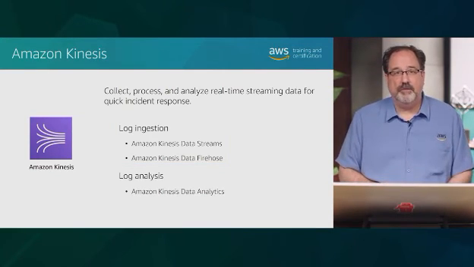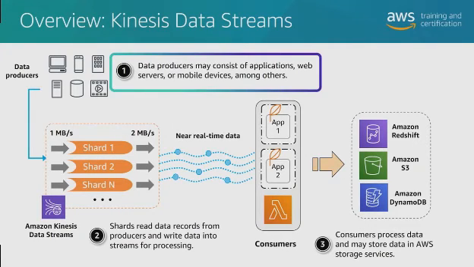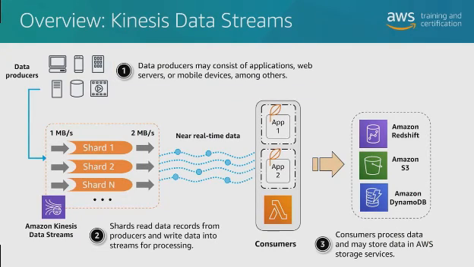So as we compare Kinesis Data Streams with Kinesis Data Firehose, there are some key differentials. Now, Kinesis Data Streams starts out with the data producers. This can be your web applications, web servers, mobile devices, whatever they are. Those producers then are dumping data into Kinesis Data Streams. Now, the great thing about Kinesis is it handles multiple shards that all work in parallel.